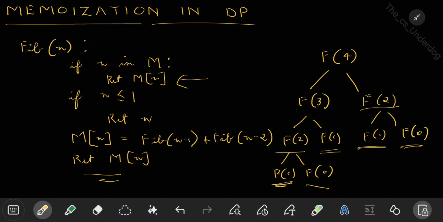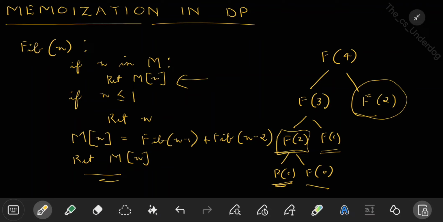What happens now? This time, this part of the complete function call is not required at all because f of 2 is already calculated here. So when you check memo here, you will understand that you already have the value of f of 2, because of which you don't have to compute and you can directly fetch from your memo. This is how memoization is going to improve your time complexity. Any function call which is made for the second time will be directly computed using the memo.